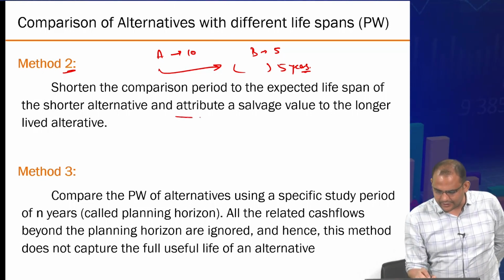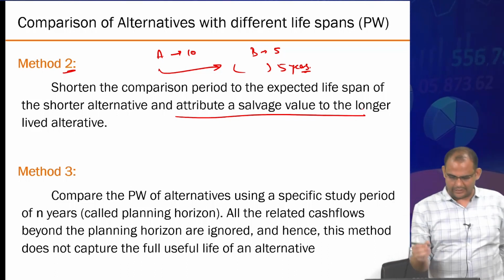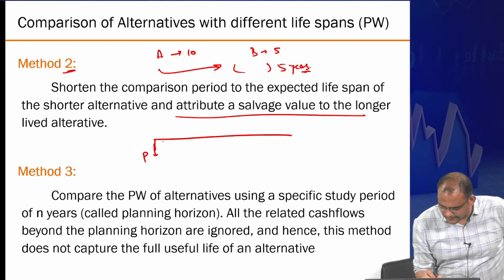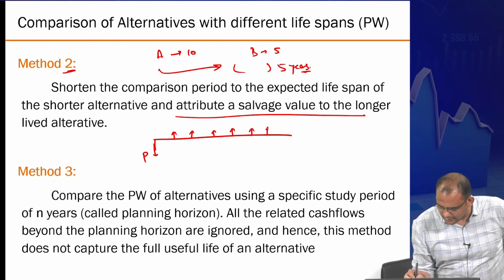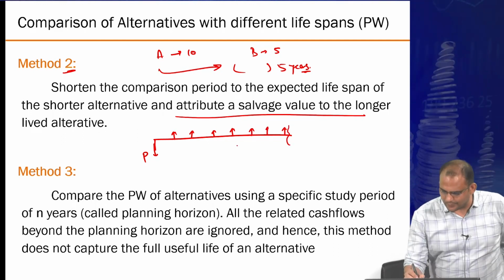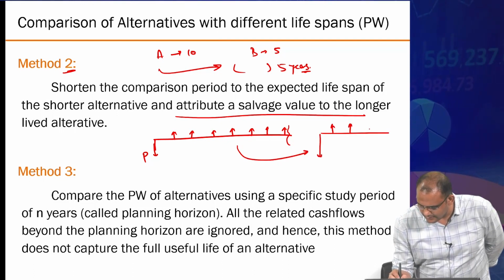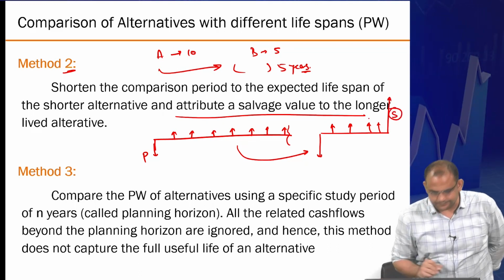Basically, in this case, you need to attribute a salvage value to the longer lived alternative. So what I mean is, originally, let's say my series was whatever this n is coming out to be. I want to convert it to something like this and a big salvage value.